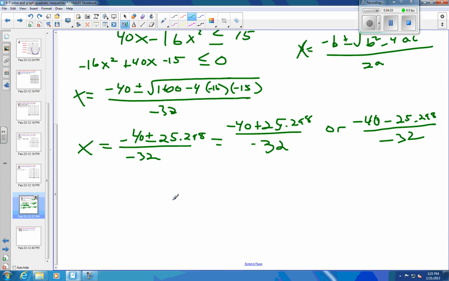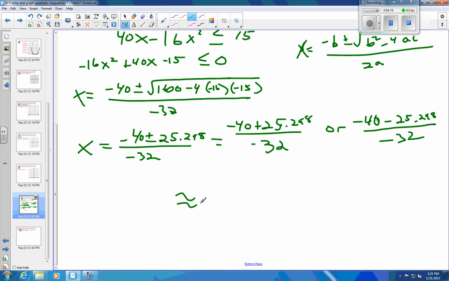So from there, I need to plug those both into the calculator. So negative 40 plus 25.298 divided by negative 32, and I get approximately 0.46.